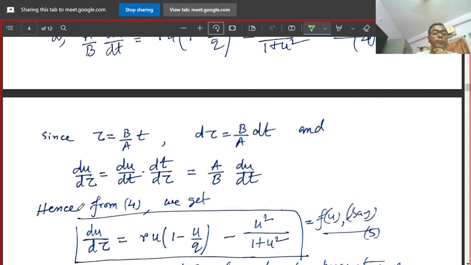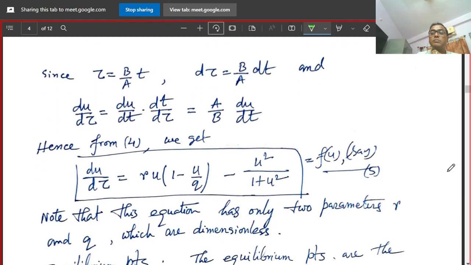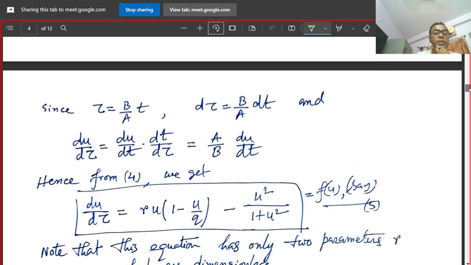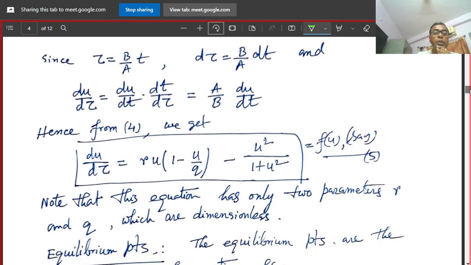So du d tau equal to du dt into dt d tau by the chain rule, and dt d tau from this relation is equal to A by B. So du d tau equal to A by B into du dt, and hence from equation 4, replace du dt by du d tau, so we get du d tau equal to r into u, bracket 1 minus u by q, minus u square by 1 plus u square.